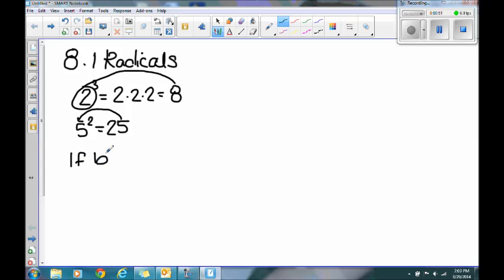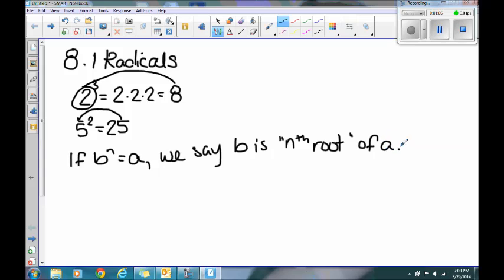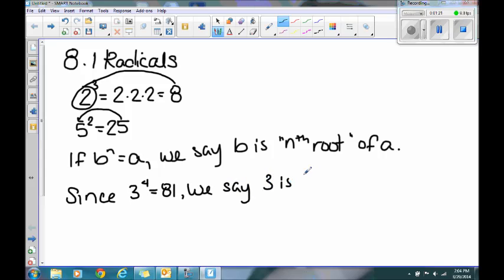In general, if b to the n is equal to a, we say that b is the nth root of a. So since 3 to the 4th power is 81, we say that 3 is the 4th root of 81.